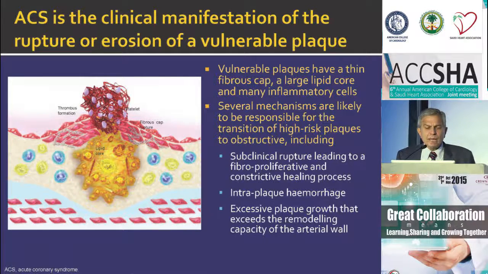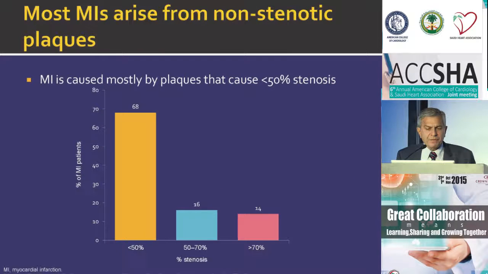Remember that most MIs arise from non-stenotic plaque. Some of them arise from stenotic plaque, but the vast majority will arise from plaques that are less than 50%, just like the one I showed you.